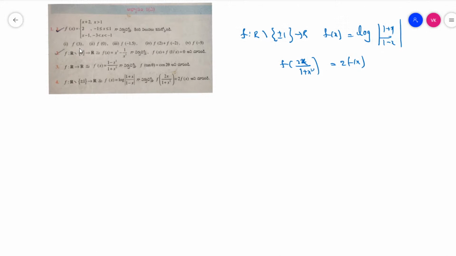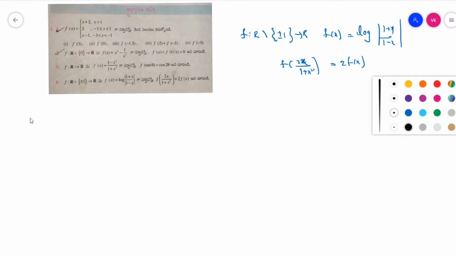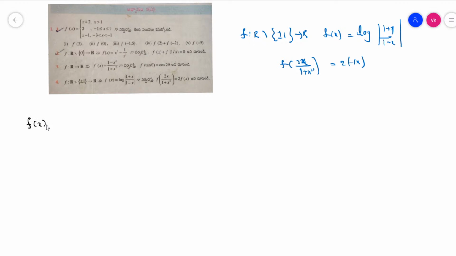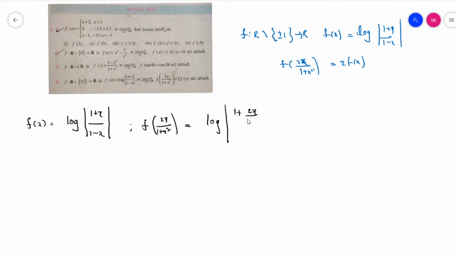First of all we have to write the question. It is like this: f of x is equal to log of modulus of (1 plus x) by (1 minus x). Then f of 2x by (1 plus x square) we can write as log of modulus of (1 plus 2x by (1 plus x square)) by (1 minus 2x by (1 plus x square)).